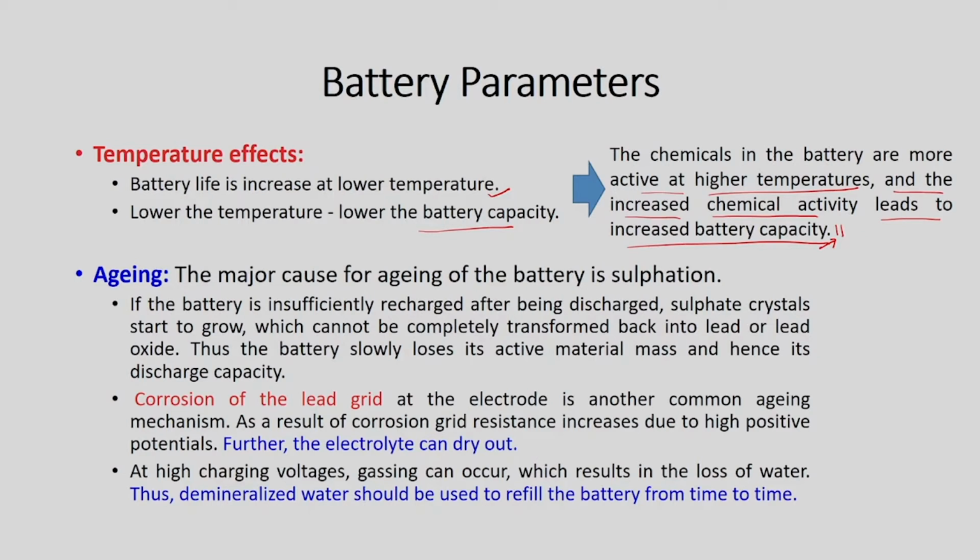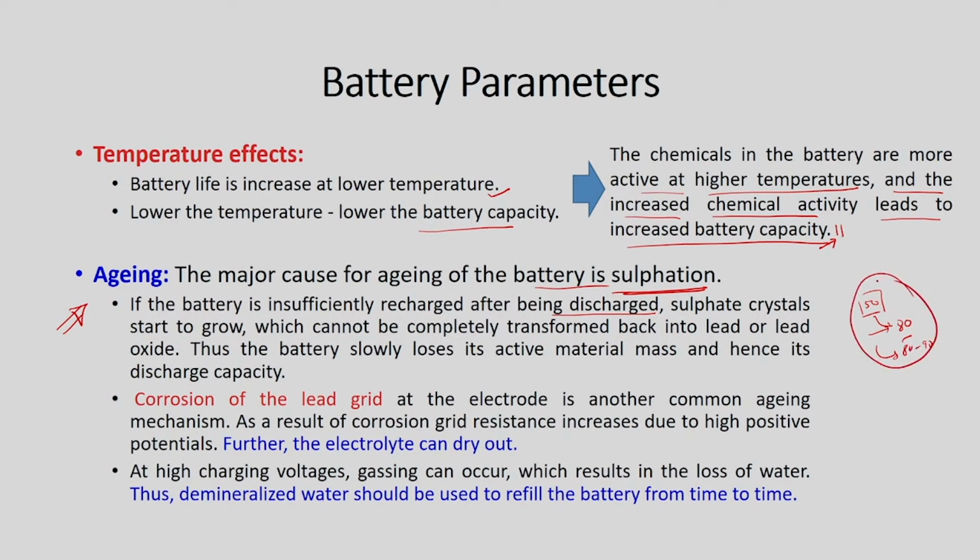And also we have aging. The major cause of aging of the battery is sulfation. So, what is sulfation? If a battery is insufficiently recharged after being discharged. Suppose I am using a mobile phone at 50% charge, or SOC is 50%, and we charge it to 80% and then stop, then again use it and charge to 80%, 90%.